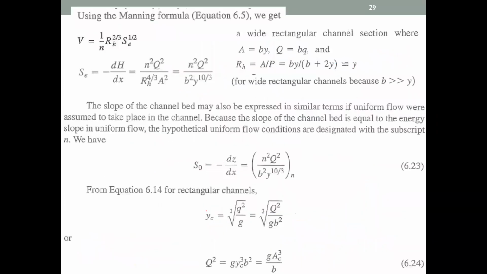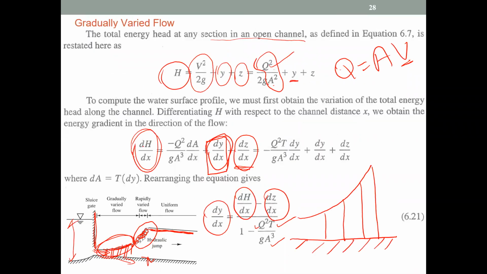Okay, so let's see now what we do. We first need to understand how this energy grade line changes with the x. Energy grade line, if you draw it, it has a negative gradient like this. We know it. Why is it so? We have a negative gradient because of the head loss.